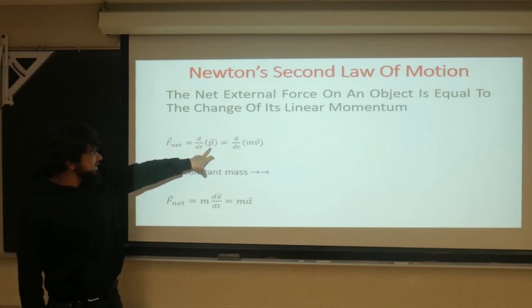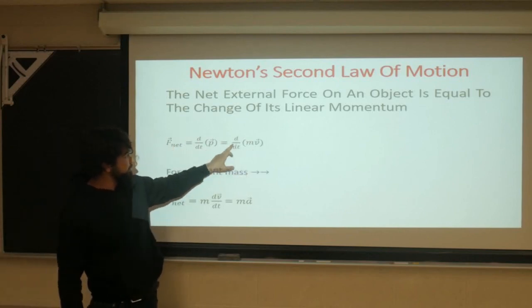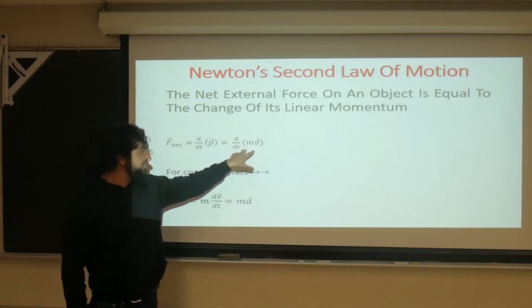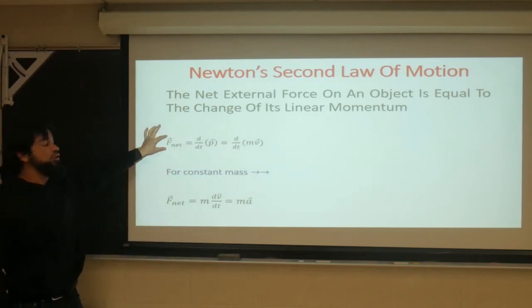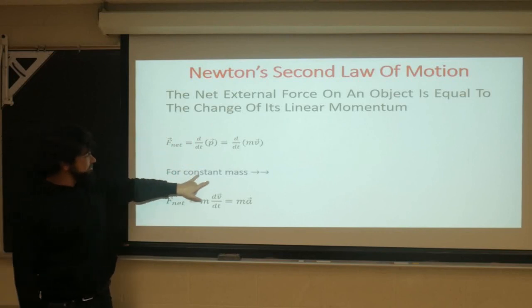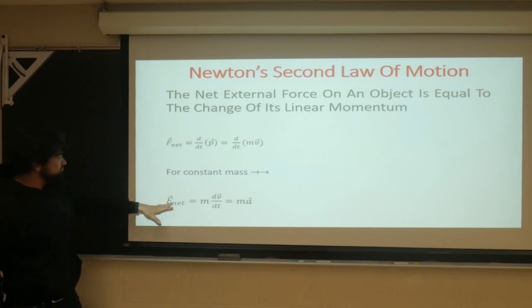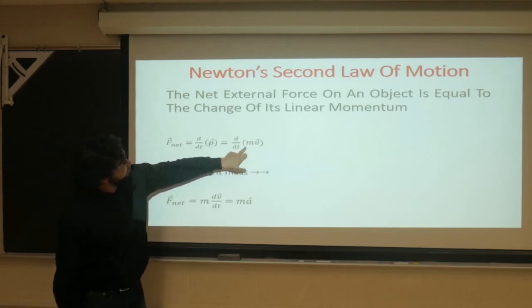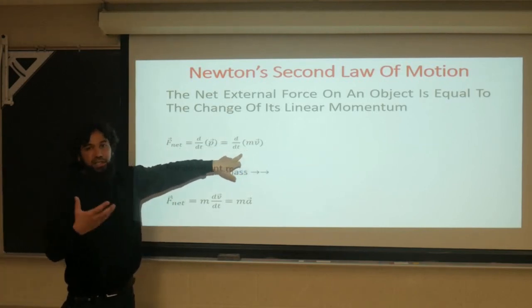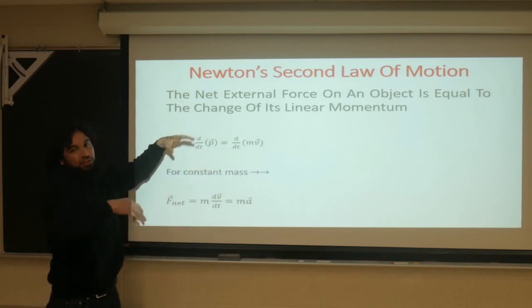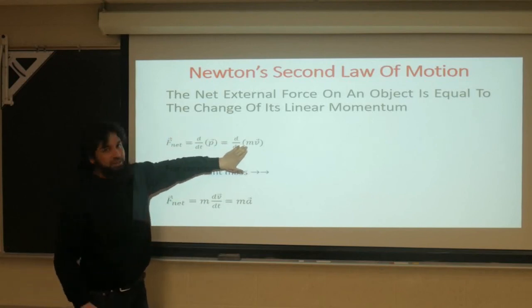Because P is equal to mv, the change in the value of mv is equal to the net external force on the system. For a constant mass, which is the case we are dealing with in this lab, I cannot say d/dt of mv, by the product rule, is m dv/dt plus v dm/dt. I forget about the change in the mass since it's constant.